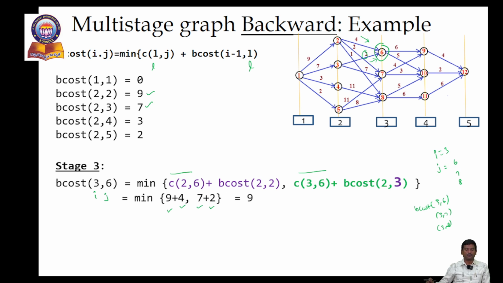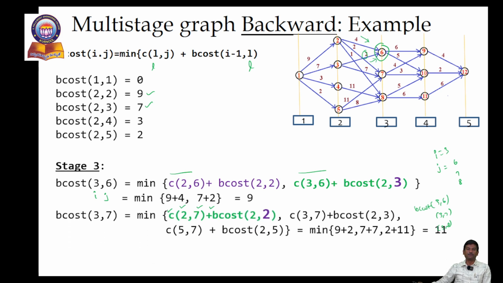So 9 plus 4 is 13, and 7 plus 2 is 9. The minimum is 9.